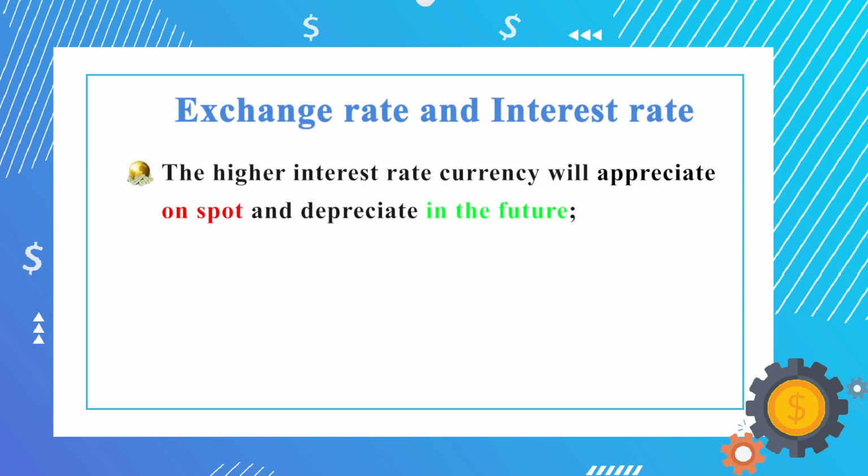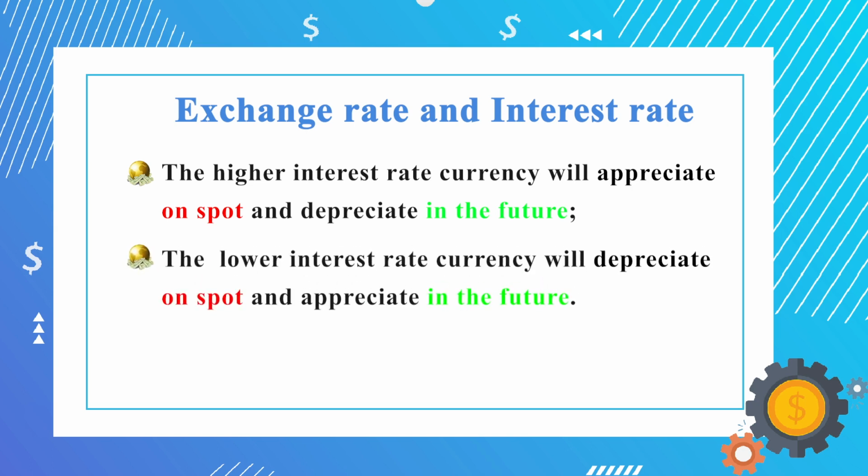To summarize, the relationship between exchange rate and interest rate is as such. The higher interest rate currency will appreciate on spot and depreciate in the future. The lower interest rate currency will depreciate on spot and appreciate in the future.